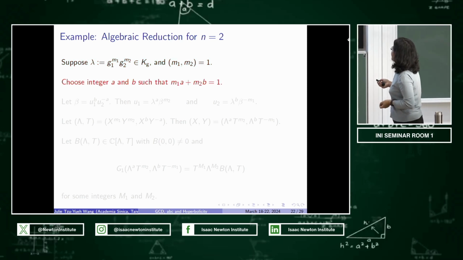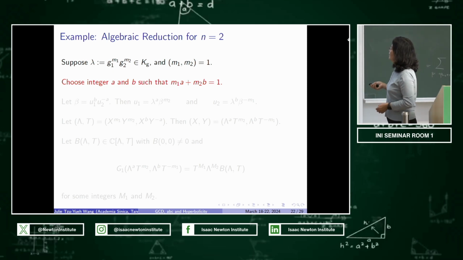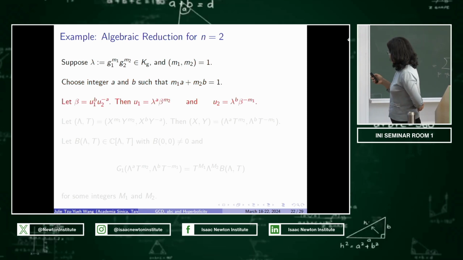In this case, you can find integers A and B such that M1A plus M2B equals 1. So you can find another beta, and you can write U1, U2 back in terms of lambda and beta.